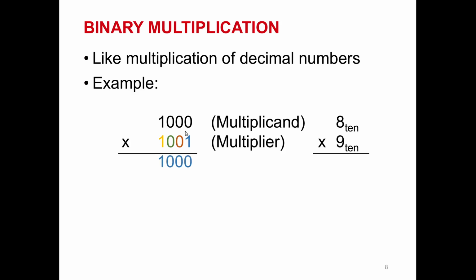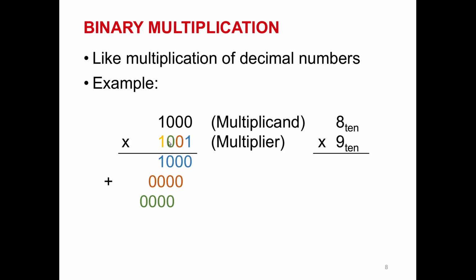If we do the multiplication, we take the first bit, or bit 0, of the multiplier and multiply it with the multiplicand. So 1 multiplied with 1000 gives 1000 as the result. Then the second bit, 0, multiplied with this gives all 0, but shifted 1 bit to the left.